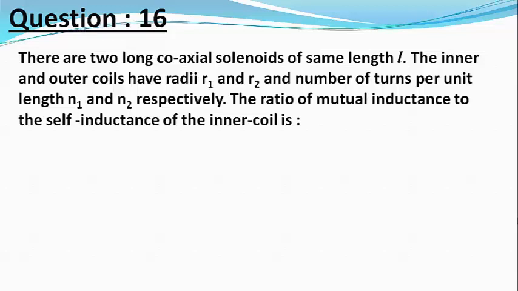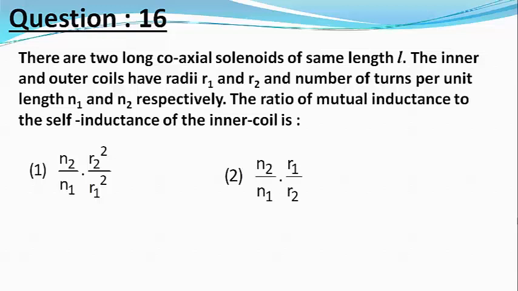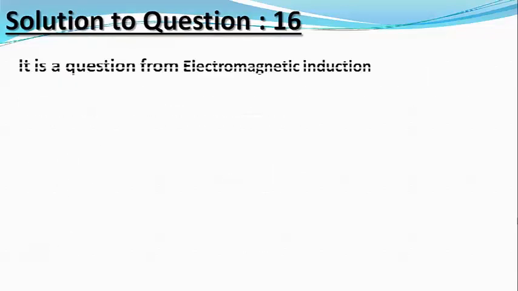The ratio of the mutual inductance to the self-inductance of the inner coil is: the choices are n2 divided by n1 into R2 square divided by R1 square, n2 divided by n1 into R1 by R2, n1 by n2, and n2 by n1. This is a rather simple question from electromagnetic induction. Let us now solve this question.